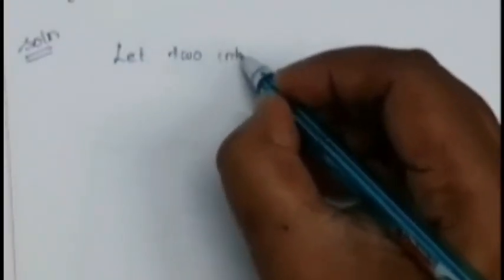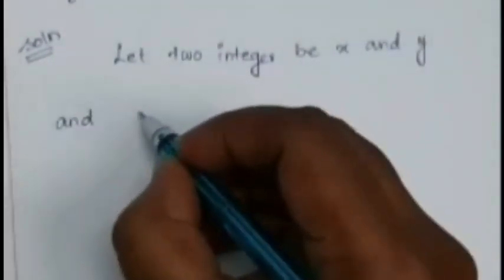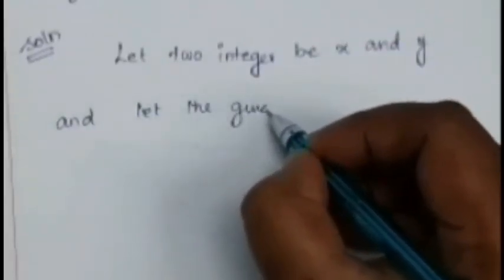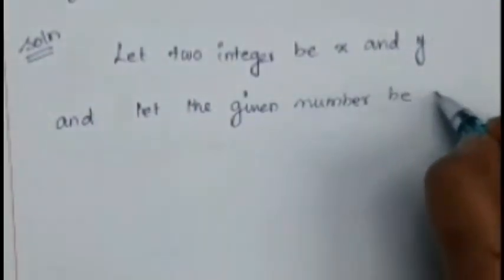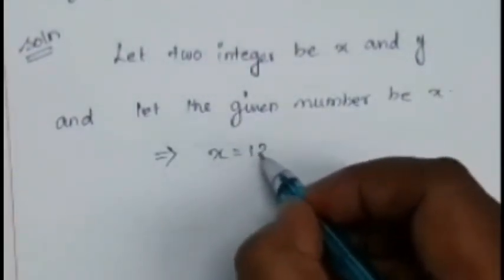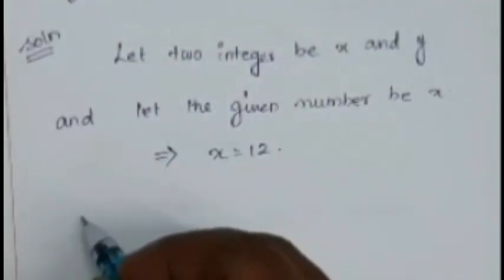Let it be x and y. And the given number be x. That is, x is equal to 12.